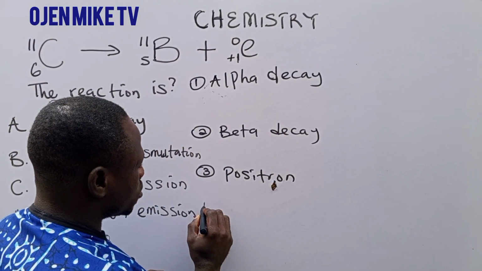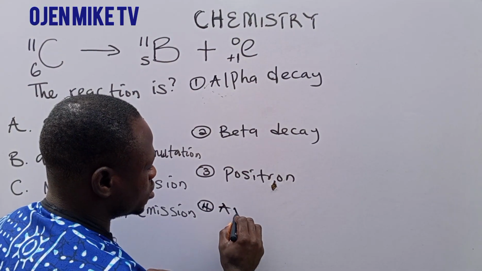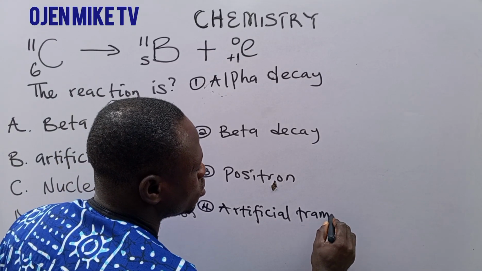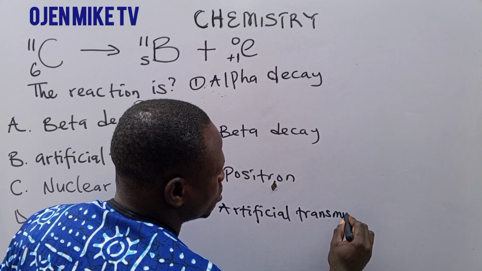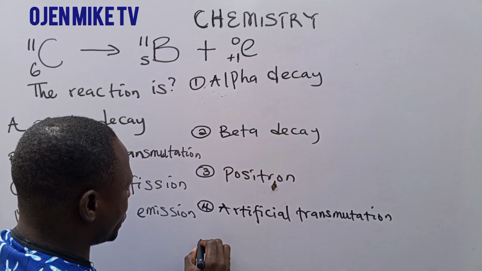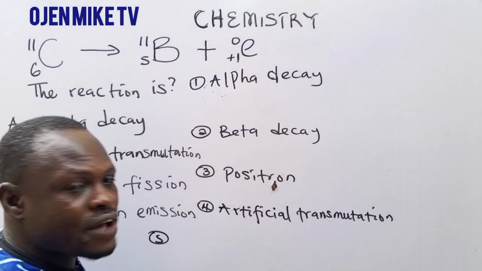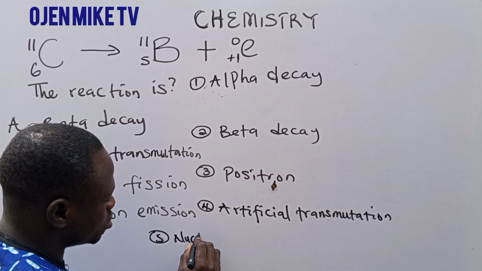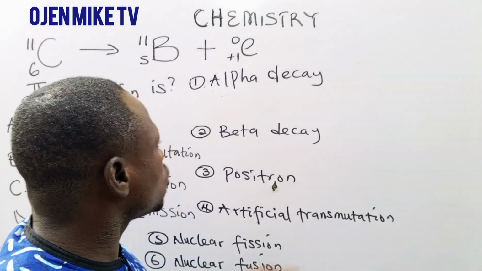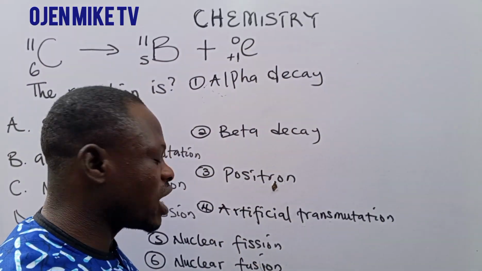Then we have artificial. Number 4, we have artificial transmutation. Number 5, nuclear fission. And the last one is nuclear fusion. So the various nuclear reactions are alpha decay, beta decay, positron, artificial transmutation, nuclear fission, and nuclear fusion.